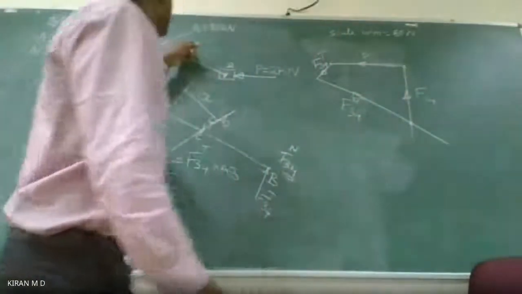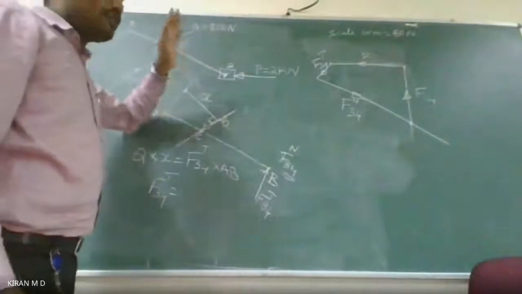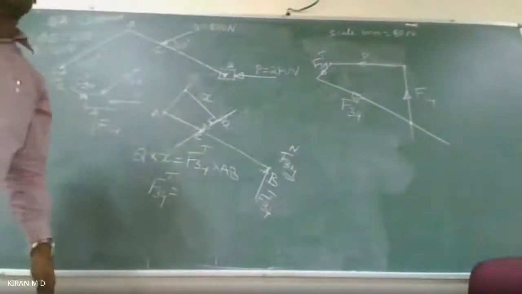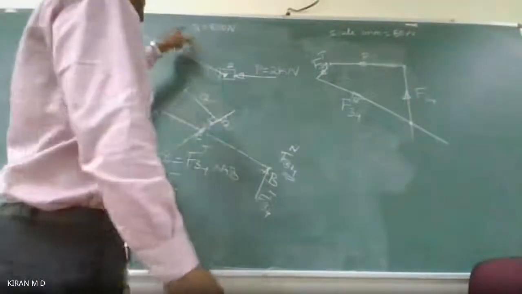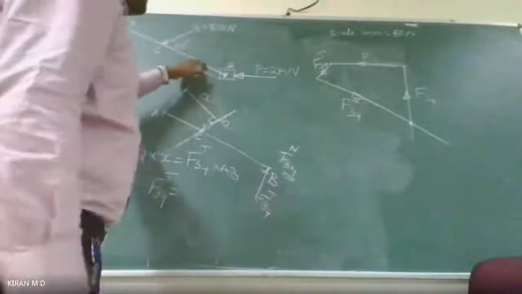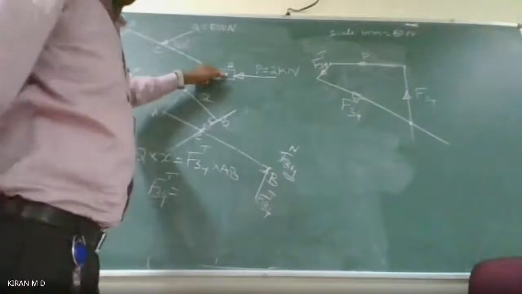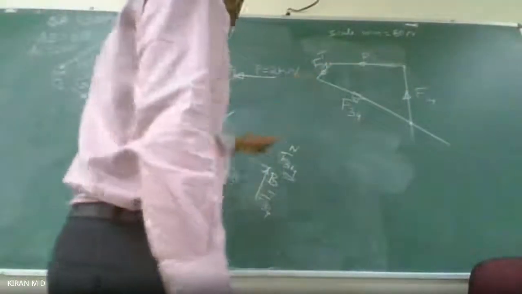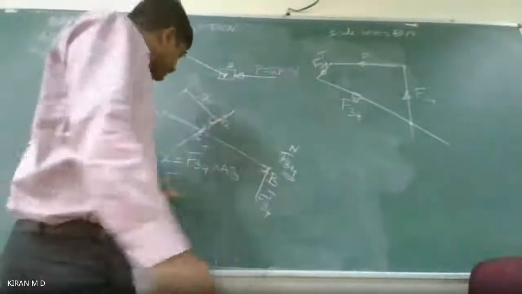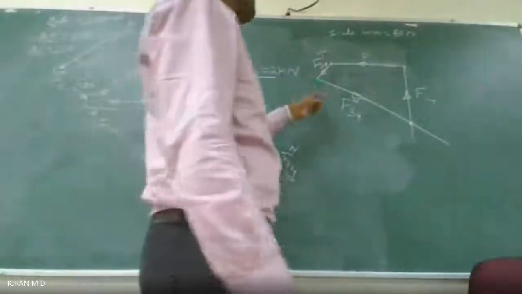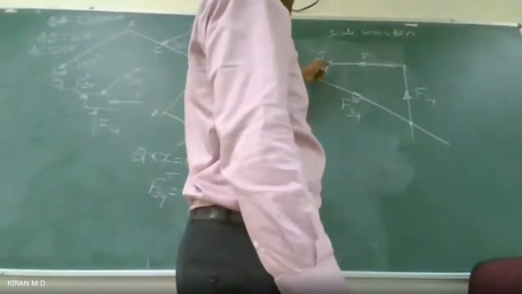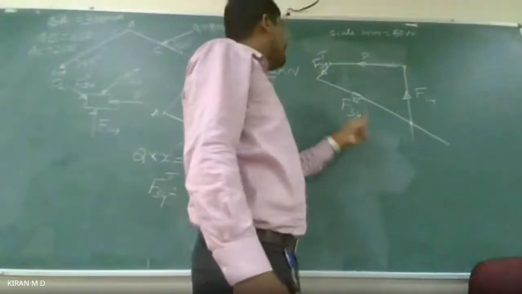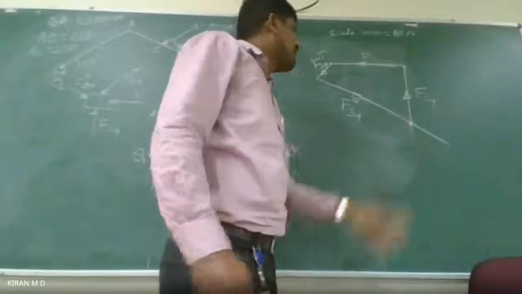But because another force is there, we resolve that force into normal and transverse, or tangential, force. By resolving that, we found F34 from this diagram, the transverse force of 3 on 4, and again the normal force of 3 on 4 from this diagram.